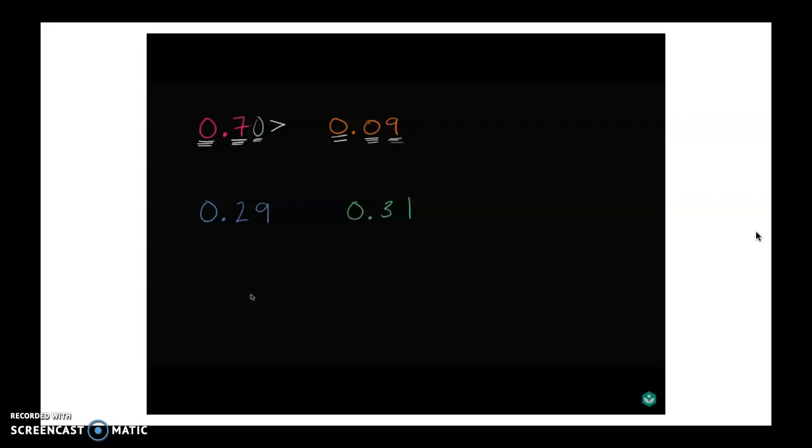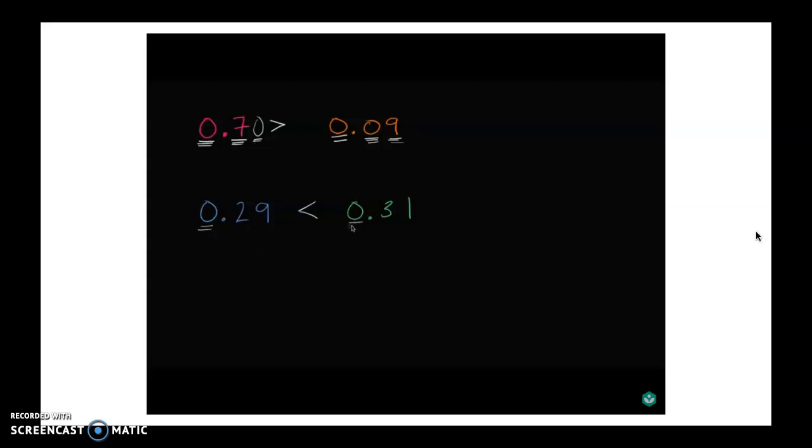Now this one you might say is a little bit more straightforward, depending on how you think about it. If you say, hey, this is 29 hundredths, this is 31 hundredths, we have more hundredths on the right hand side, so let me open my inequality to the larger value, and I would say 0.29 or 29 hundredths is less than 31 hundredths.